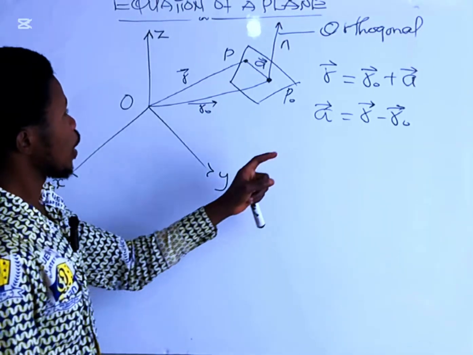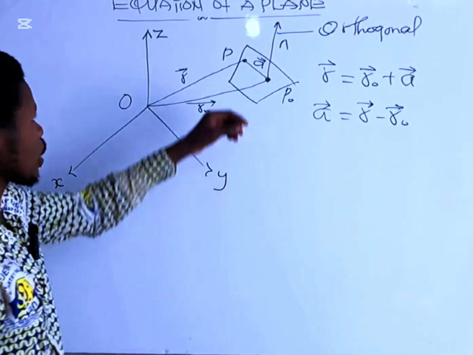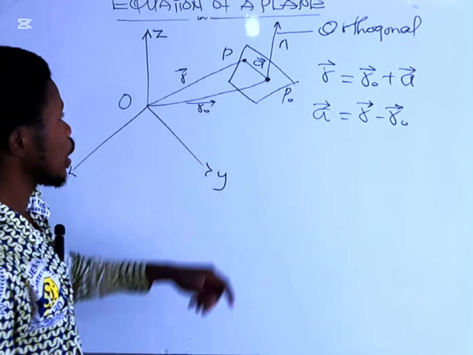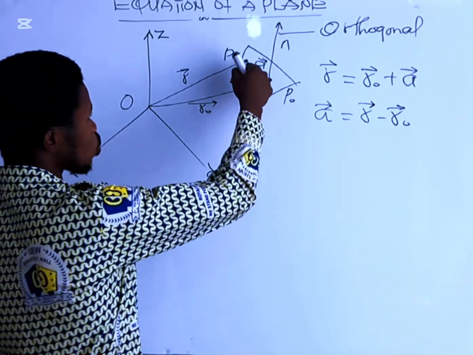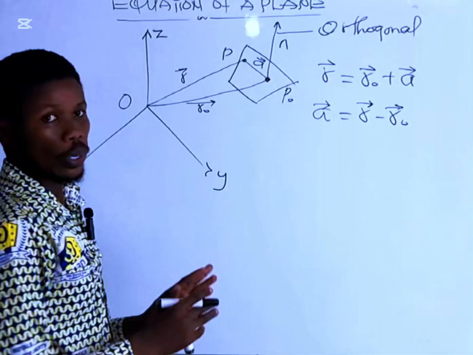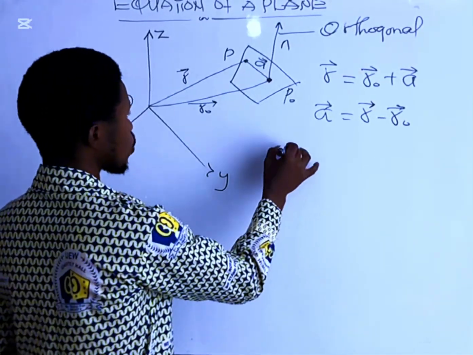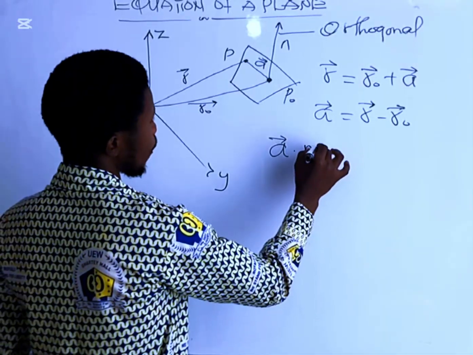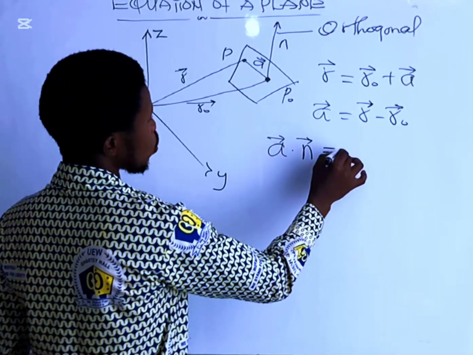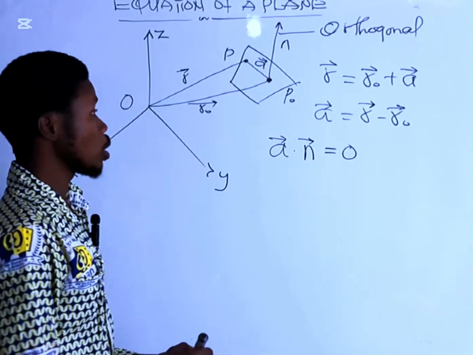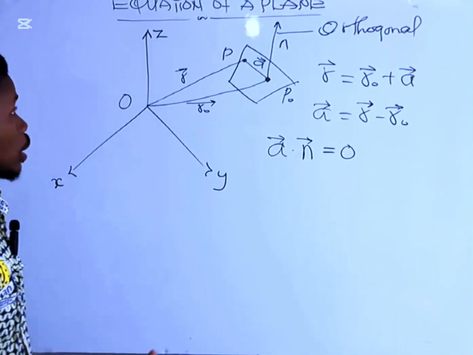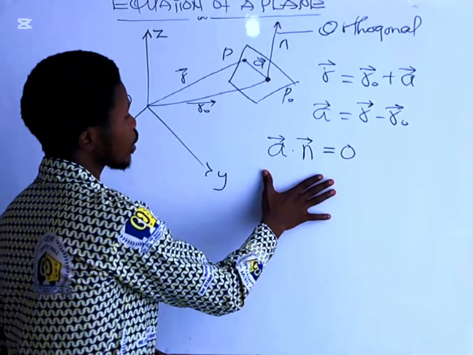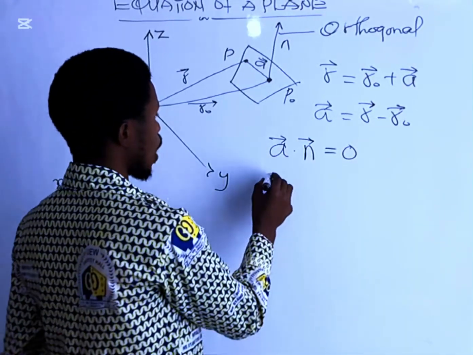Also, once this normal here is orthogonal to the plane or to the line A, then we can say that their dot product is equal to 0. So the dot product of an orthogonal or a normal line to the plane is always equal to 0.